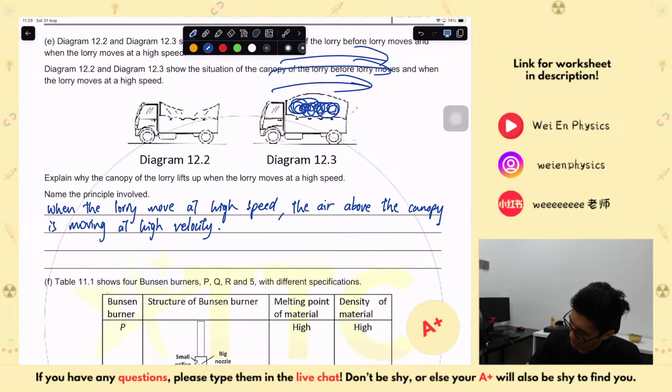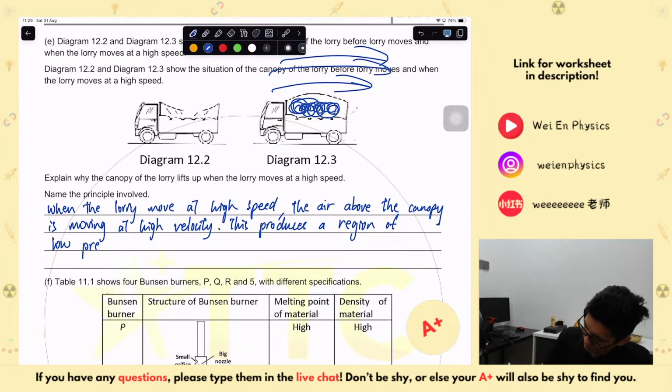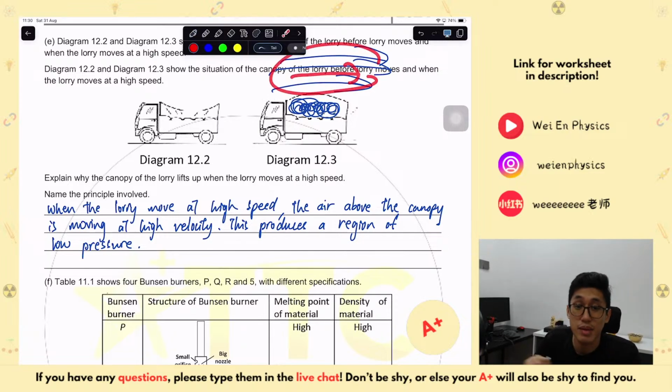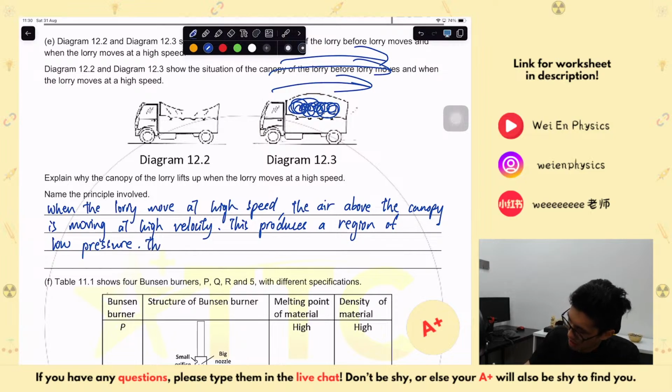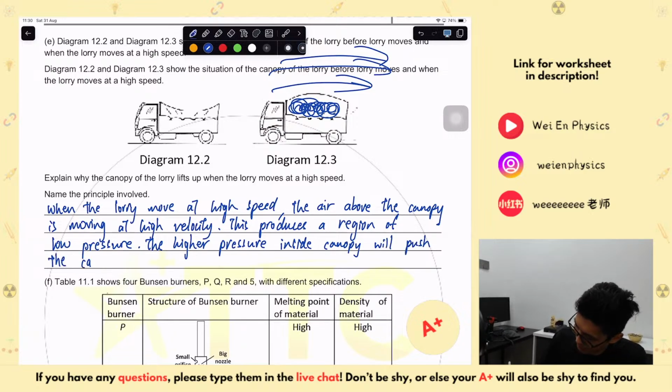Then you say, this produces a region of low pressure. Up here, high velocity means low pressure. So then you say, the higher pressure inside the canopy will push the canopy up.